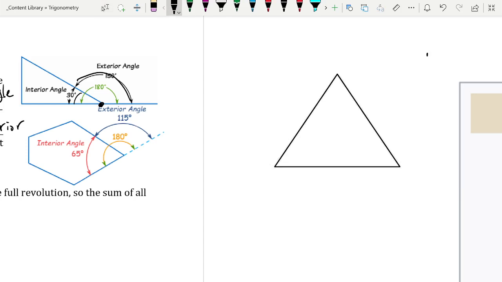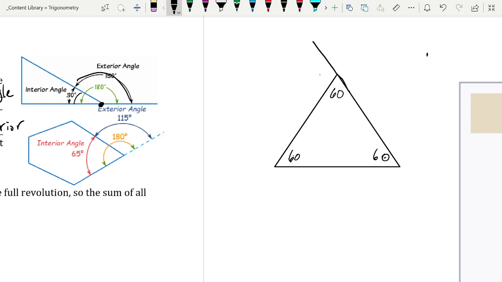If it's an equilateral triangle, all 3 of its angles are the same. So how big are they? Yeah, they'd have to be 60, right? Because 3 times 60 adds up to 180. So if it's 60 degrees there, 60 degrees there, and 60 degrees there, now let's make some exterior angles. So let's keep the line of this triangle going like that. So the 60 is the interior. How big is the exterior?